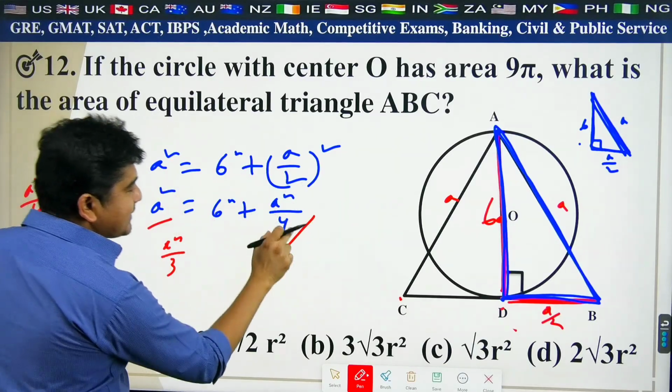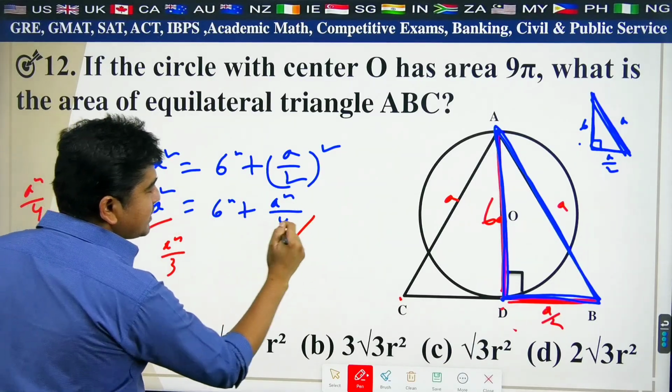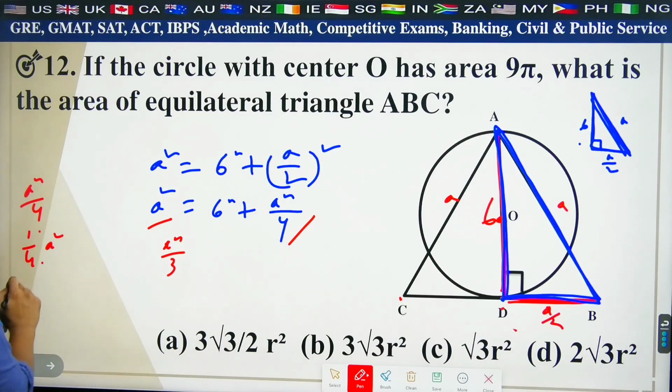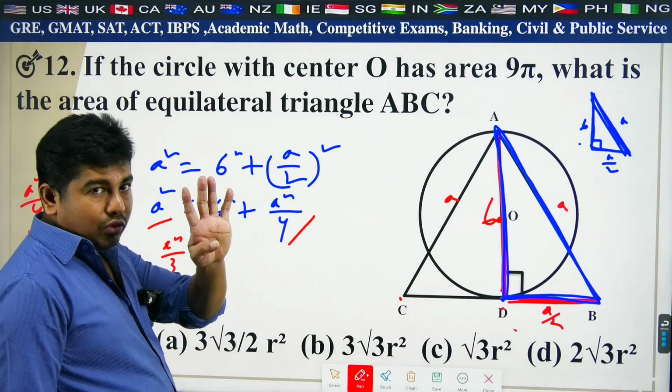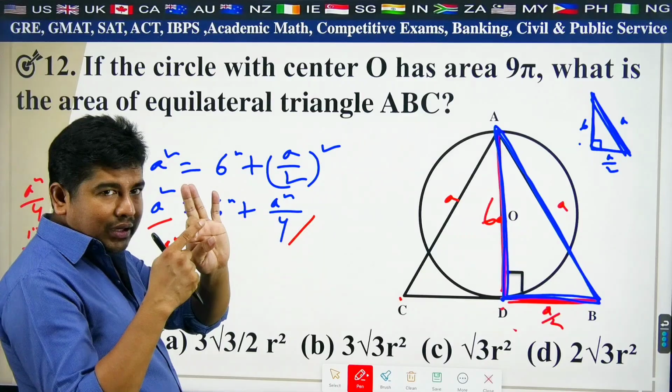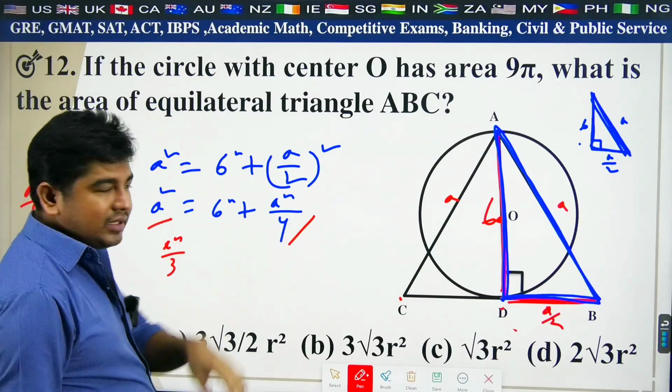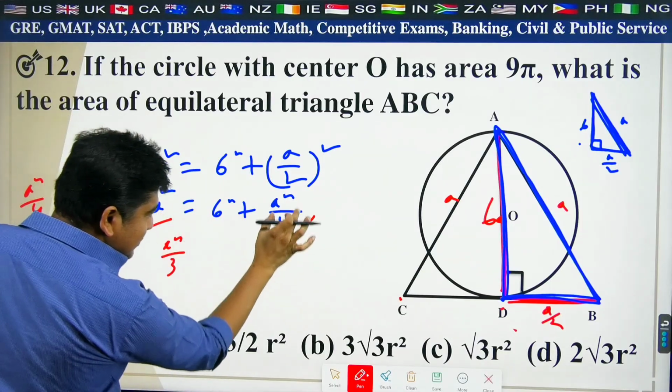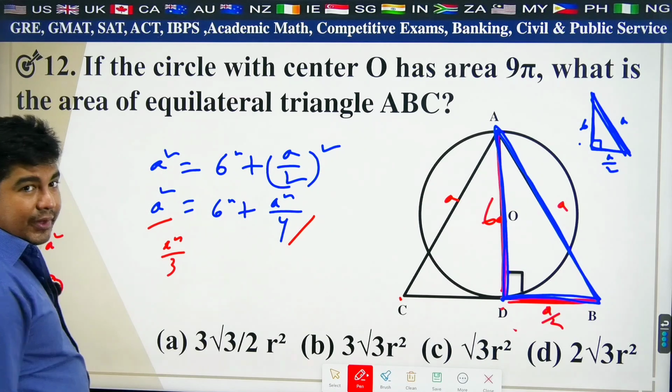There is 4 in the denominator, meaning 4 parts. If you subtract 1 part, then you will have 3 parts.